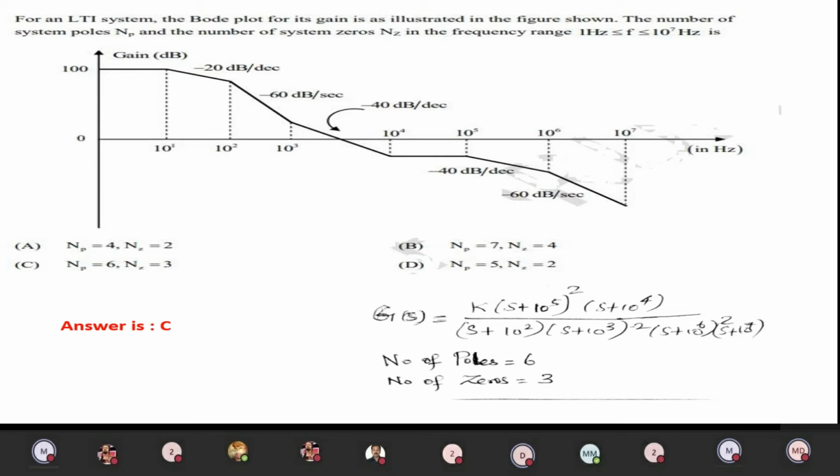Here you can see minus 20, and then minus 60. Therefore minus 20, minus 20, three poles will be available, and then plus 20 is added, then only minus 40 will come. So one zero exists, and then you can see minus 40 slope.